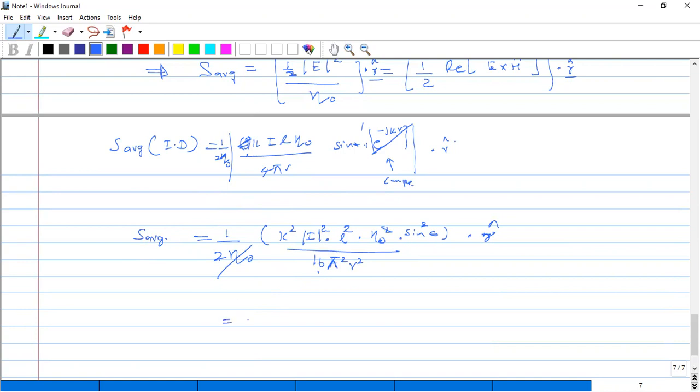So you will get, okay, so I will take this one, I square. Now you have k square, L square, sine square theta naught, only theta naught is there, divided by 32 5 square R square.